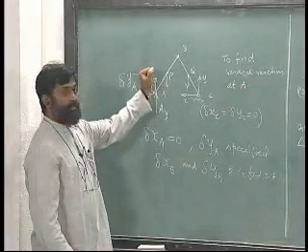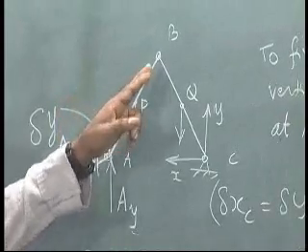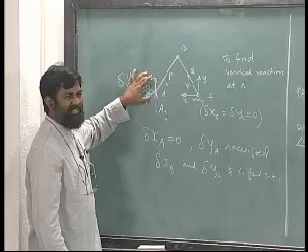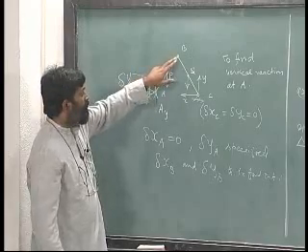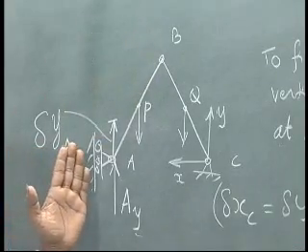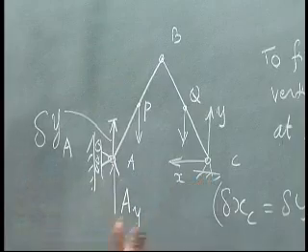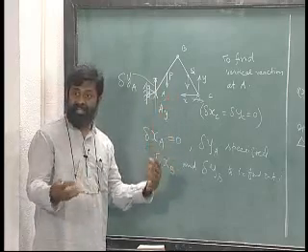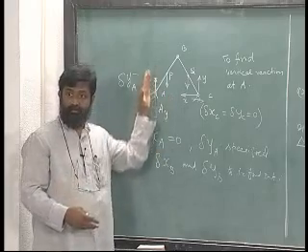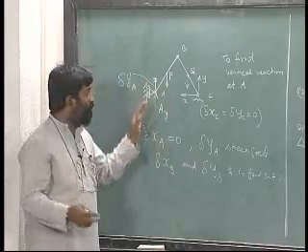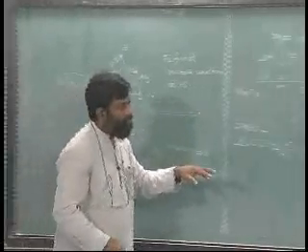If I move this a little bit, what should be the movement here? Will it be same as this? The answer is no, this will be less than this. How much less? Perhaps as I move towards C, the total y displacement is equal to 0. So halfway I should get half the displacement that I have gotten here. So roughly I have a mental picture that delta yb is half of delta ya, seems alright.